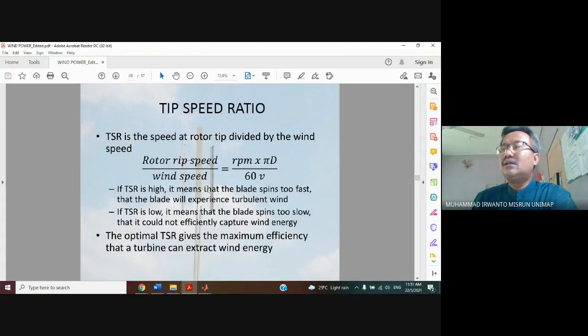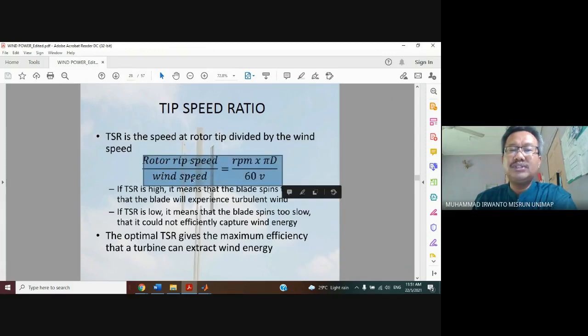Okay, and then another term when we discuss wind power generation is the tip speed ratio, TSR. TSR is the speed at the rotor tip divided by the wind speed. The formulation is: rotor tip speed divided by wind speed equals RPM multiplied by pi D over 60V, where D is the diameter of the wind turbine and V is the wind speed.